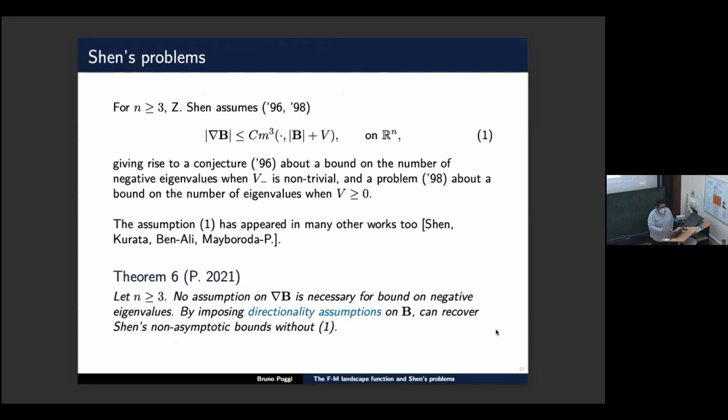So again, there are the 2 problems, and the conjecture is basically related to removing this assumption 1 here. This assumption has also appeared in other works to study exponential decay of the eigenfunctions and the fundamental solution, and even for the bounds on Riesz transforms.